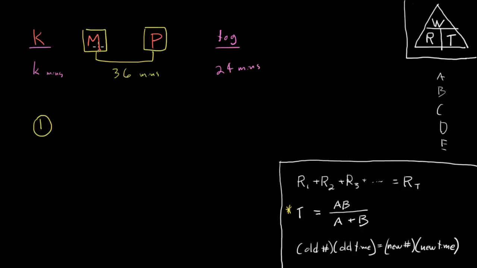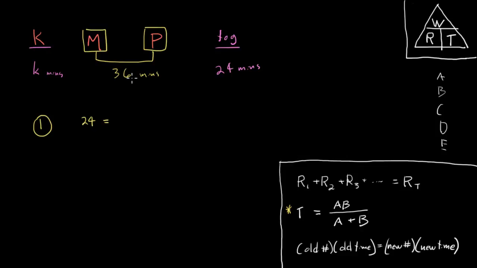We don't have to think of M and P as different machines. We can just think of them as this one combined MP machine. And that way I'm just combining K with this hybrid machine, and that gives me my total. So with that, thinking about it that way, we can go ahead and plug in. The combined time for the K and the MP machines is 24 minutes.